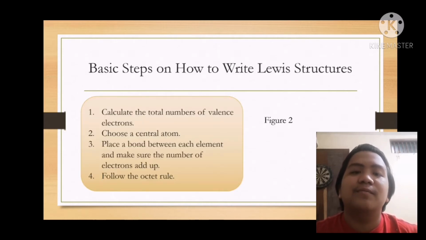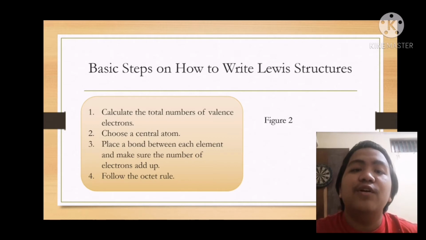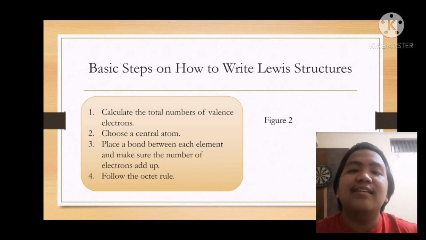Now, here are the basic steps on writing Lewis structures. First is calculate the total number of valence electrons. Step 2. Choose a central atom. In choosing a central atom, we commonly use the one with the least number of atoms.